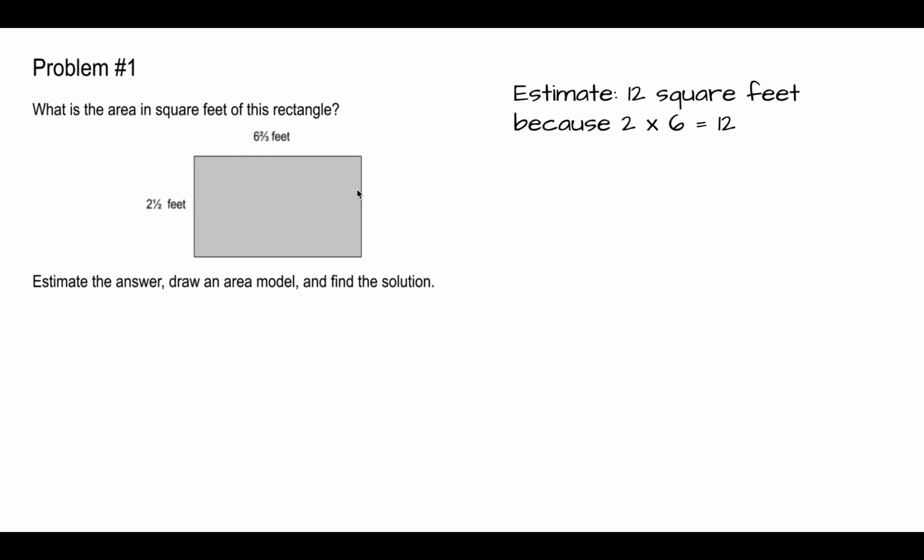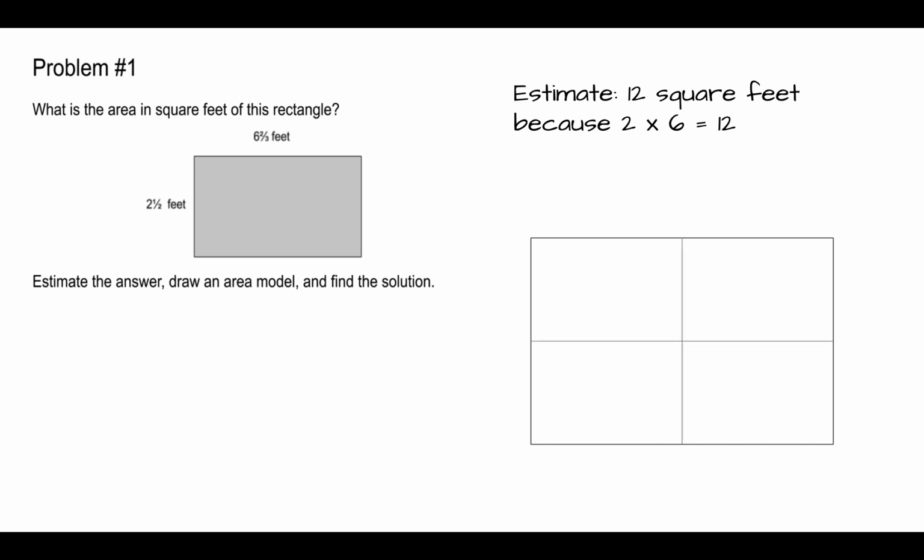So I estimate it's gonna be about 12 square feet because I see 2 holes and 6 holes. 2 times 6 is 12. No need to get complicated. So I'm gonna draw my box, and I see that I'm gonna have a whole number and a fraction for each one, so I'm gonna leave spaces for that. And I'll start with 6 and 2/3 on top, and 2 and 1/2 over here on the left.